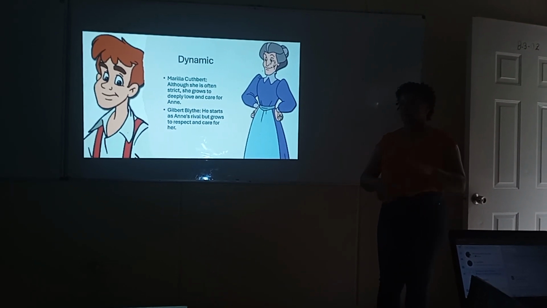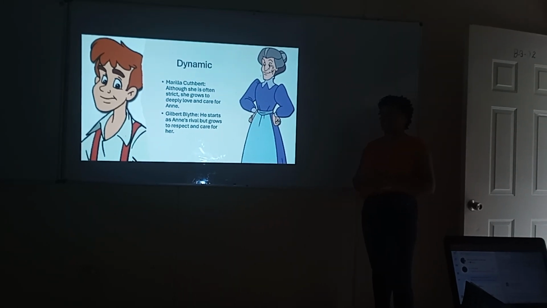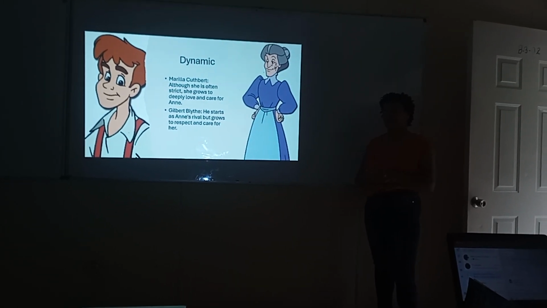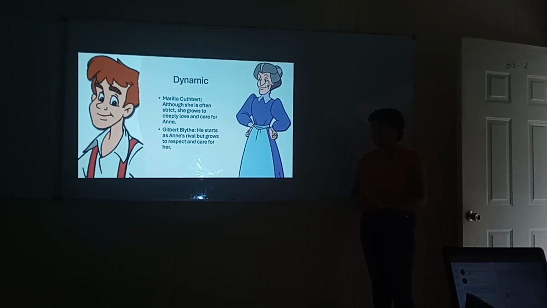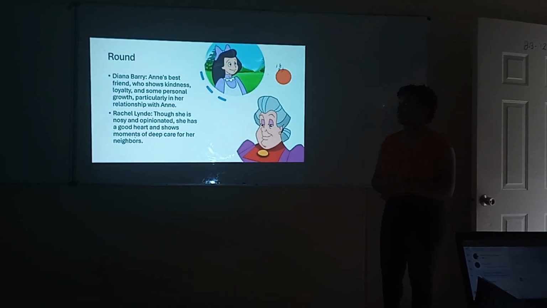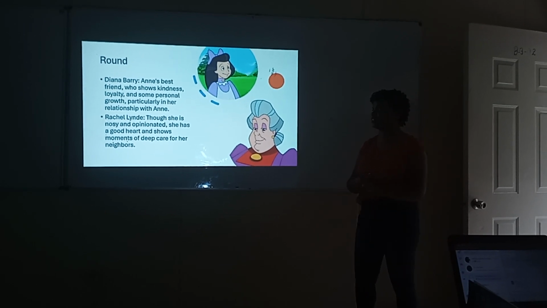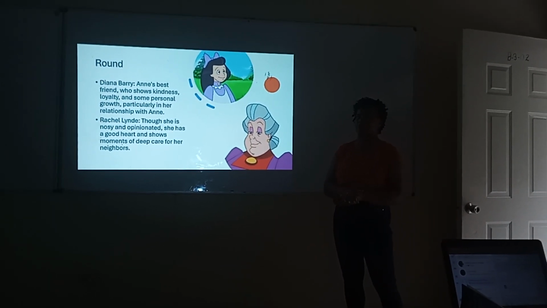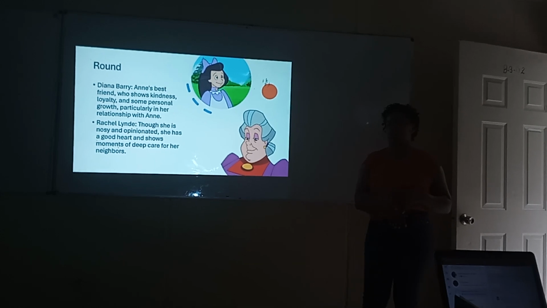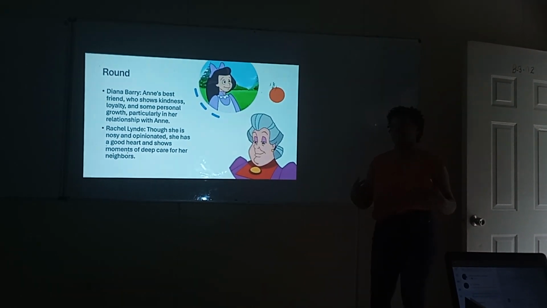And Gilbert Blythe, that is her rival and usually treats her badly, but then later in the story he learns to respect her. We have the round characters that have many emotions. Diana Barry, that is Anne's best friend, who shows kindness, loyalty, and some personal growth throughout the story.